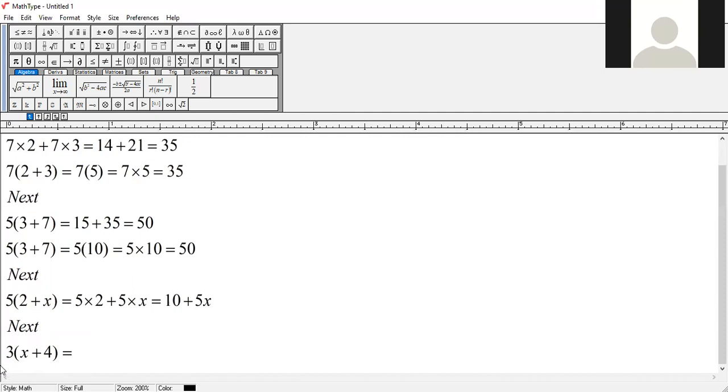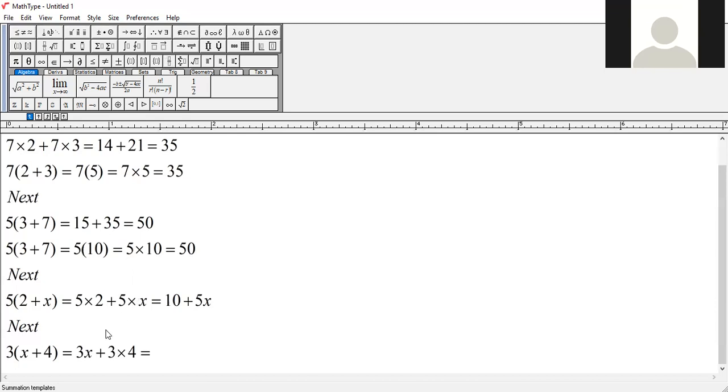So when we distribute 3 onto x, that's the same as 3 times x. From it, we get 3x. Remember, there is a plus sign there. Now we have to distribute 3 onto 4, which is the same as 3 times 4. What will this give us?